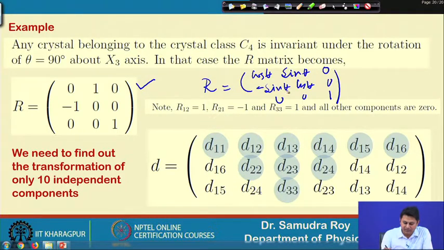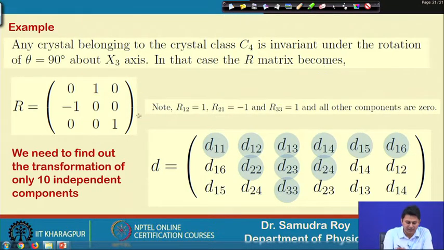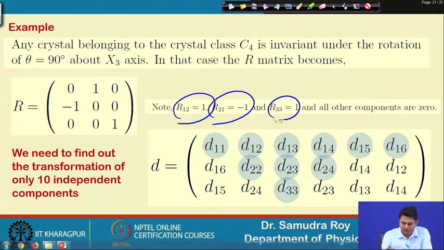Sin theta means sin 90 degrees, which is 1. The negative sign gives me minus 1 here, sin theta here is also 1, and cos 90 degrees is 0, and this 1 is there. So eventually we will have the matrix R. One thing you should note is that most of these elements are 0; only 3 elements in the R matrix are non-zero: R12, R21 and R33.